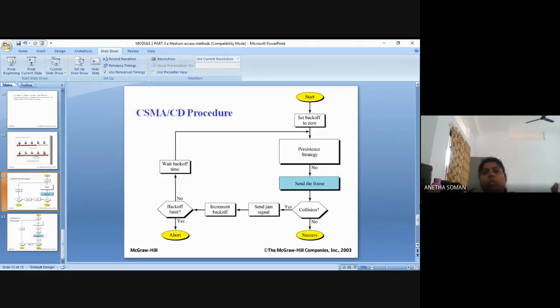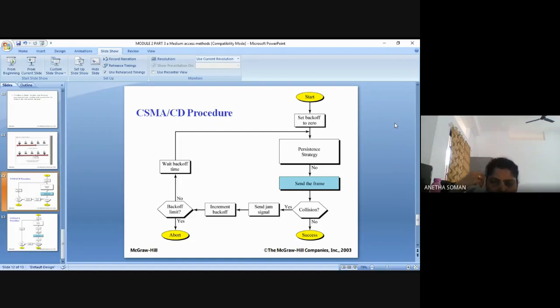Now this is the procedure for CSMA/CD. If any station has a frame to send, it can send a frame. That is the first step. Now it monitors the medium to see if the transmission was successful.